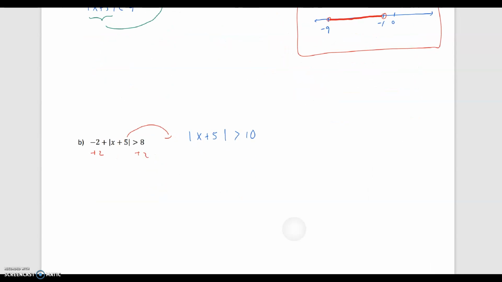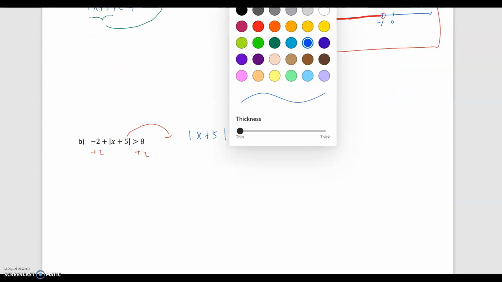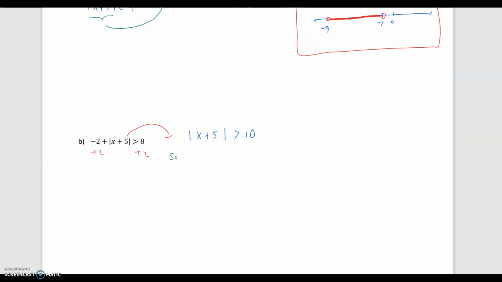And as we're solving this one, remember that it's a greater one, so we're going to have to solve the following two statements. This would be x plus 5 less than -10, or x plus 5 greater than 10. And then we'll be subtracting 5, which is going to give us the following statement. X is less than -15, union, I'll just write it as or, x is greater than 5.